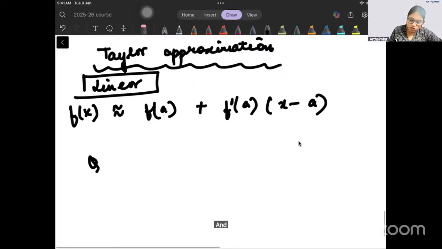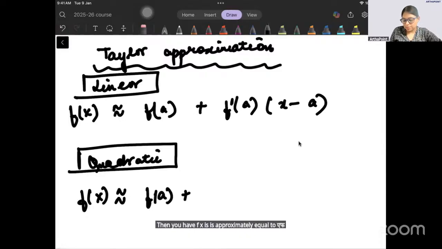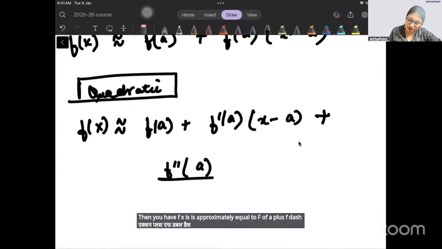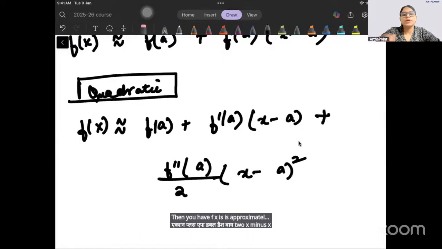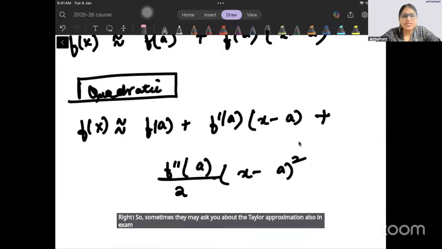And if it is a quadratic approximation, then f(x) is approximately equal to f of a plus f dash a times x minus a plus f double dash a by 2 times x minus a whole square. Right? So sometimes they may ask you about the Taylor approximation also in exam, and that is important.